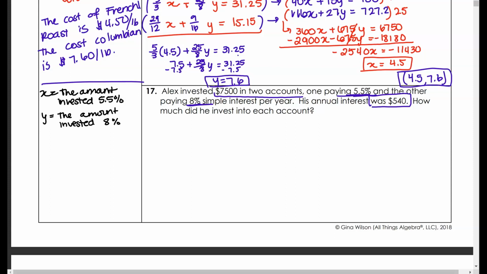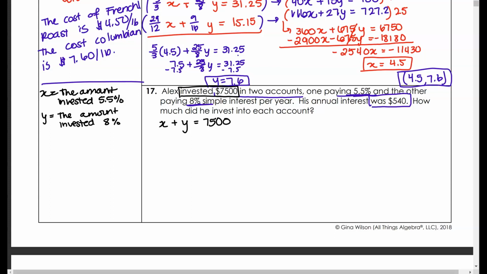Okay, so those are two variables. We know that the amount that we invested in X and the amount we invested in Y, the total is going to be 7,500, because that's how much you invested in total, right? So you invested 7,500 into two separate accounts, so that's X plus Y. That gives us that 7,500.